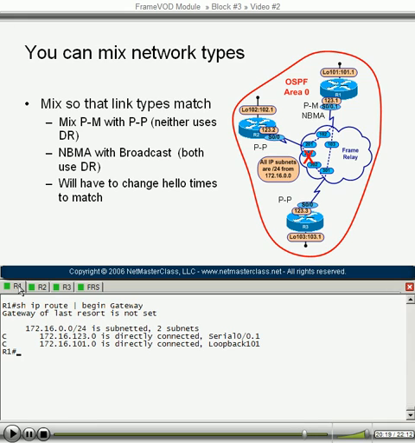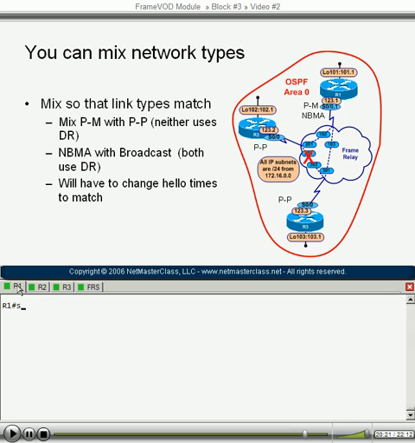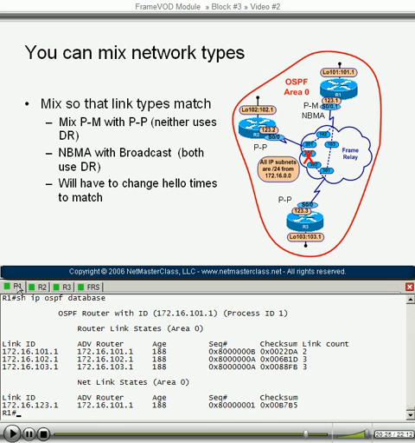Let's check the OSPF database. We have 3 router LSAs and 1 network LSA. First, we'll check the network LSA to make sure all the routers are listed.